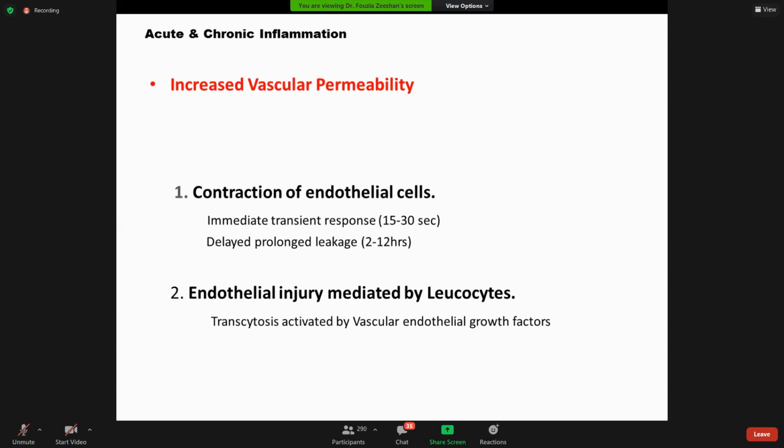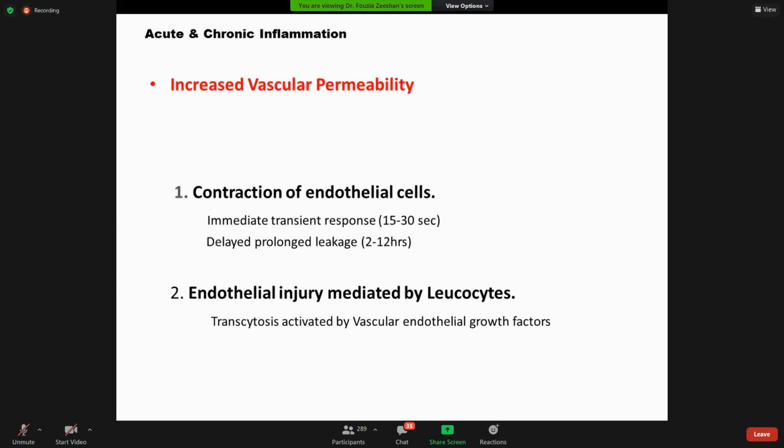So that's a pretty long time period. Basically, the contraction of endothelial cells is due to some chemical mediators like histamine, bradykinin, and leukotrienes.